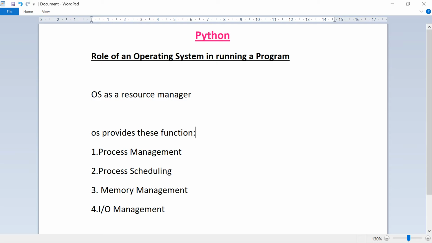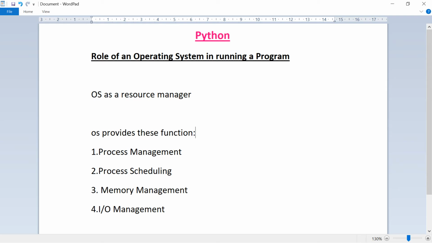An executable program runs on the computer with the help of the operating system. The operating system has a major role to play in the execution of a program in executable form. In earlier days, computers used to run one program at a time.